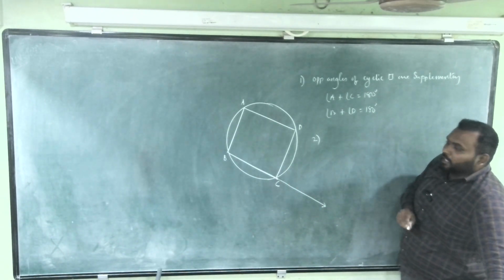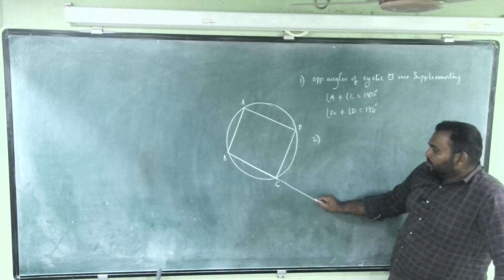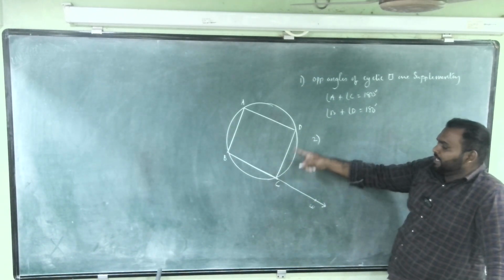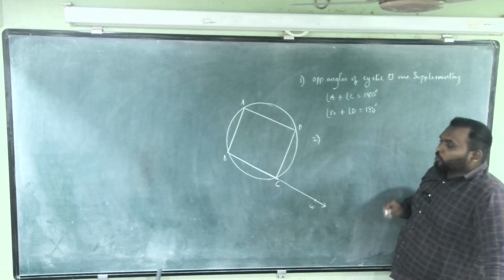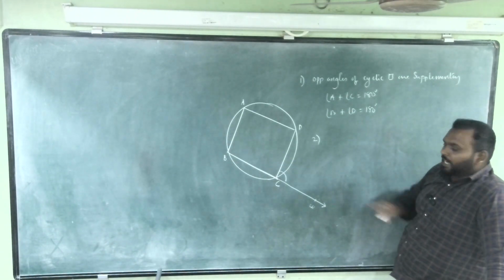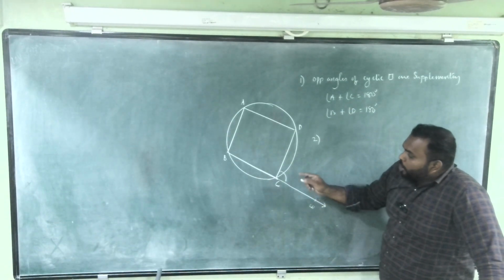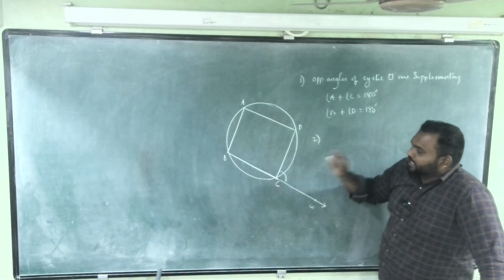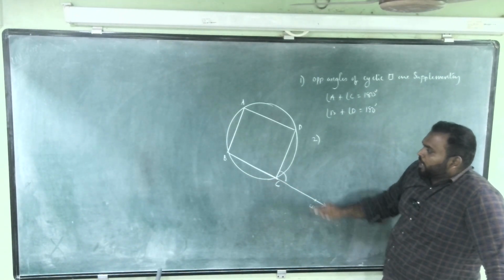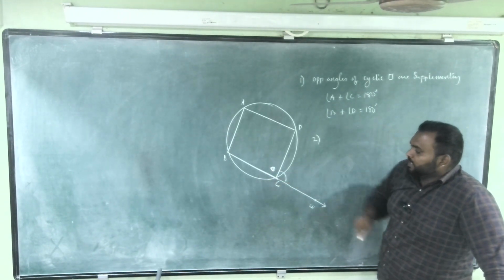Second, what you need to remember is the exterior angle theorem of a cyclic quadrilateral. This is an angle which is exterior to the cyclic quadrilateral, angle DCE. The theorem states that the exterior angle of a cyclic quadrilateral, that is angle DCE, will be equal to the angle opposite to the adjacent interior angle. Now, which is the adjacent interior angle of DCE? DCB. This is the adjacent interior angle.